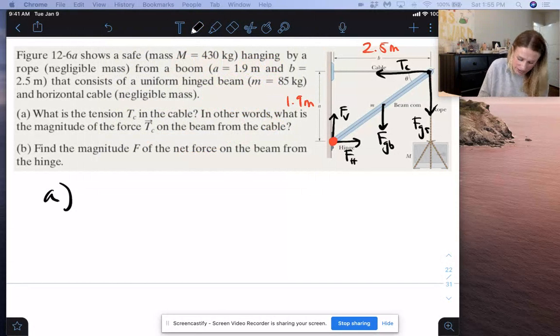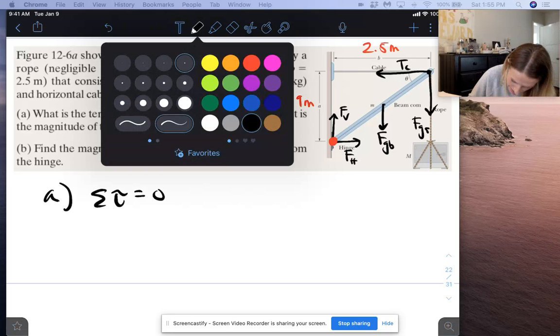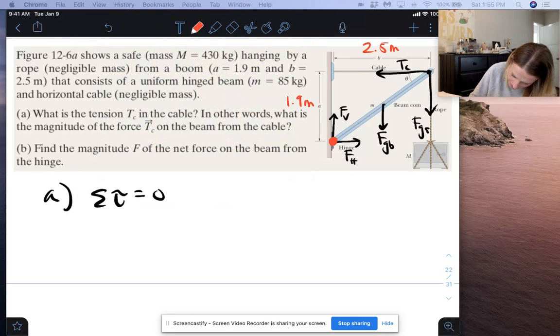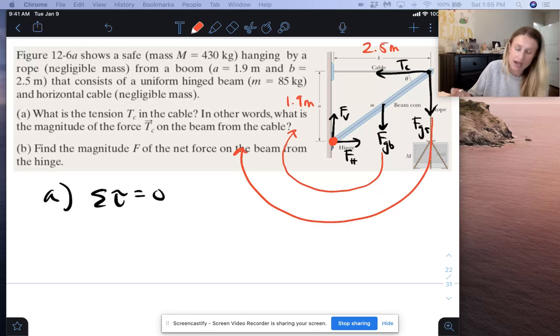we are going to use net torque is equal to 0 for that part. Now let's see what direction those torques are going to be. So we can see that the force of gravity of the beam is going to pull in a clockwise direction. So that's going to be a negative torque. Force of gravity of the safe is also going to pull clockwise. So that's going to be a negative torque.